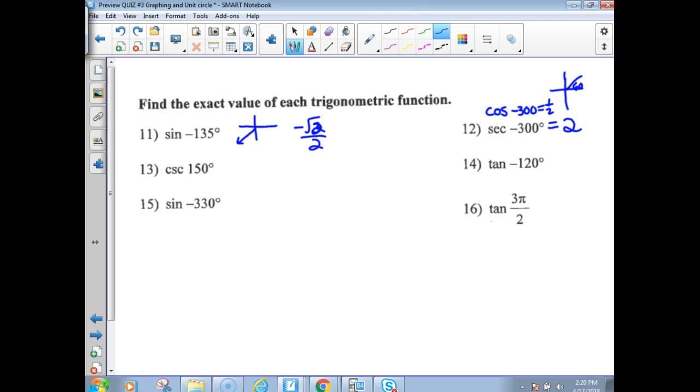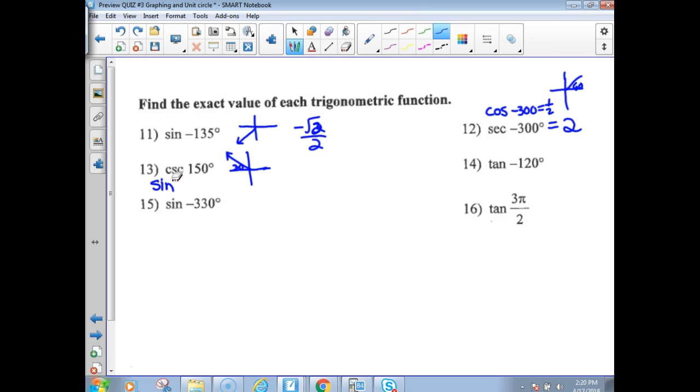cosecant 150. You want to be thinking about what's the sine at 150. In quadrant 2, you would be terminating. The reference would be 30 degrees. The cosine at a reference of 30 degrees is the square root of 3 over 2, right? Wait, this is number 13. No. You're supposed to be thinking about the sine, not the cosine.